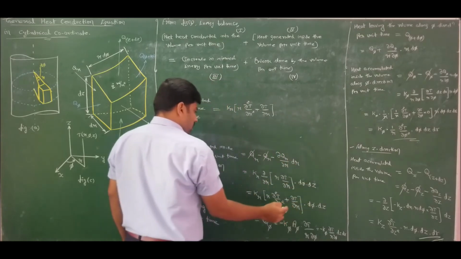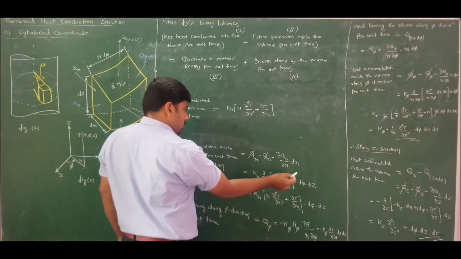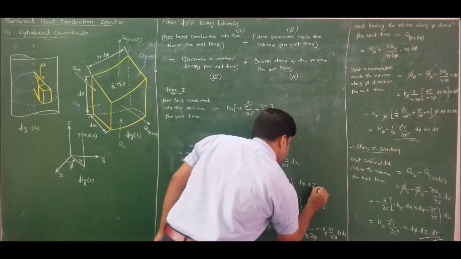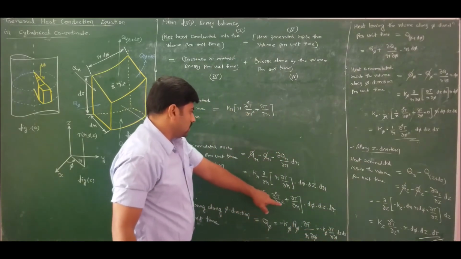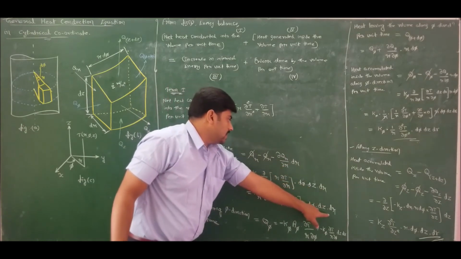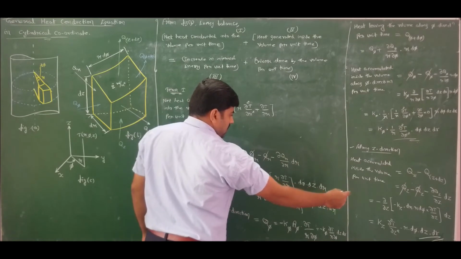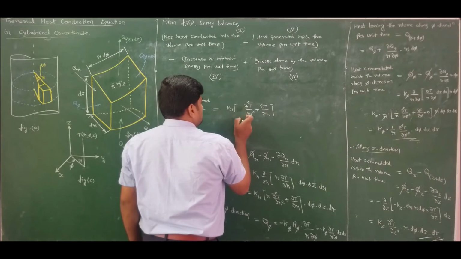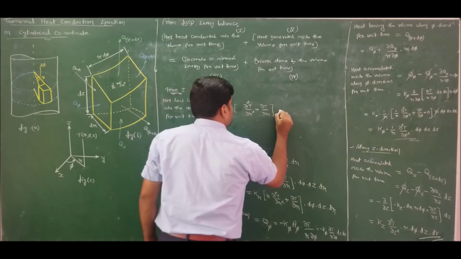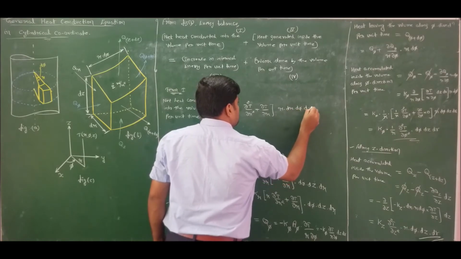If I want to take r d phi dz and dr common, here I have bestowed dr, kindly add dr here. Kindly make a note, we have bestowed dr, so kindly multiply dr. Now throughout I want to take r d phi dr dz common, so we will take r common, it is r dr d phi dz.